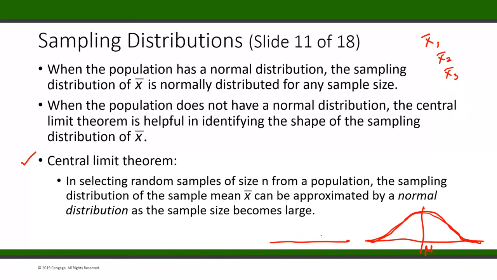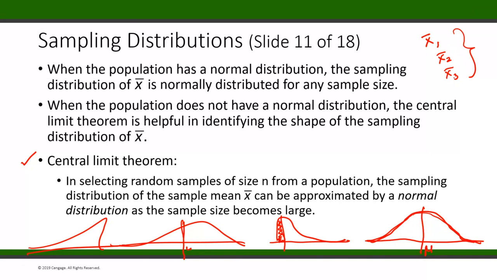It should not be shaped such that the mean is here, a very small number of people are here, and a large number of people are there. It should be normally distributed. Then for any size sample, whether small or large, the sampling distribution is also normally distributed.